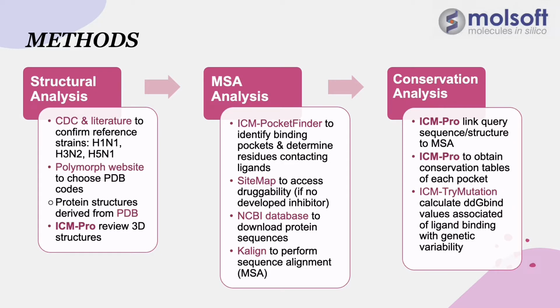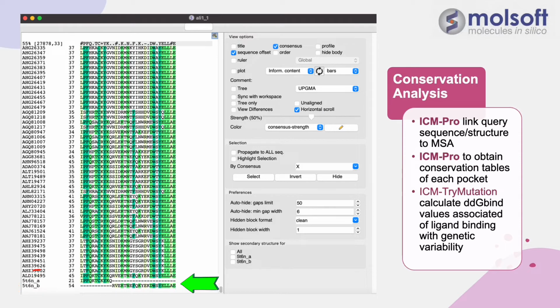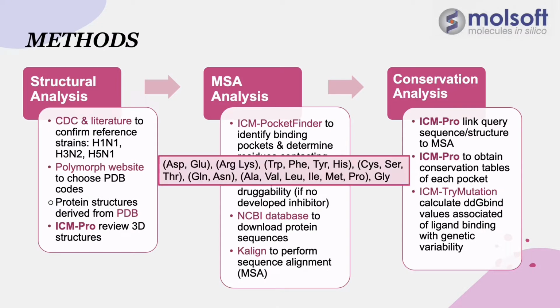The core sequence structures were linked to the MSA to determine the structural similarities of residues lining the pockets, and the conservation results of each pocket were obtained after running the script in ICM. This grouping of amino acids based on their R group chemistry was used for amino acid conservation analysis of pocket residues.